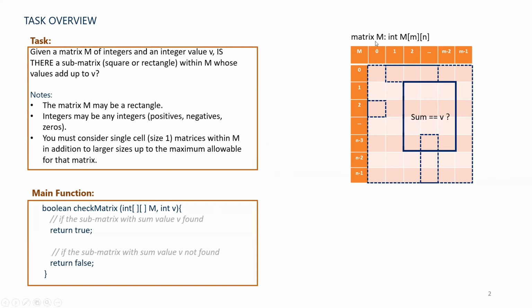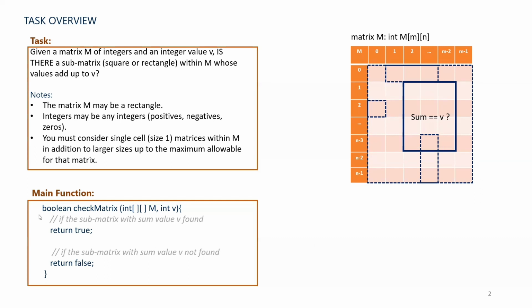So the matrix is of size M times N, and could be a single cell, a strip, rectangles, squares, up to the biggest one. The goal is designing an algorithm.